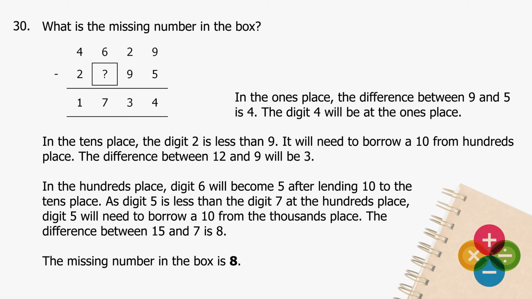The difference between 12 and 9 will be 3. In the hundreds place, digit 6 will become 5 after lending a 10 to the tens place. As digit 5 is less than the digit 7 at the hundreds place, digit 5 will need to borrow a 10 from the thousands place. The difference between 15 and 7 will be 8. The missing number in the box is 8.